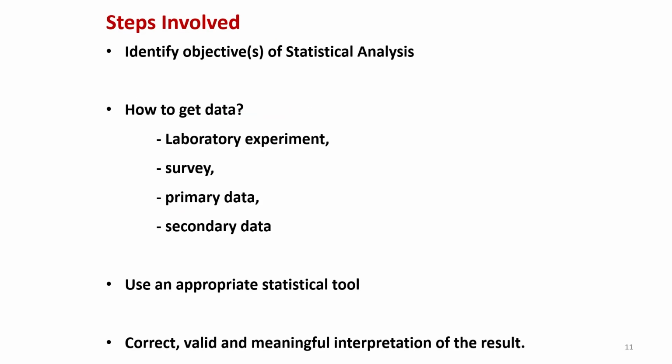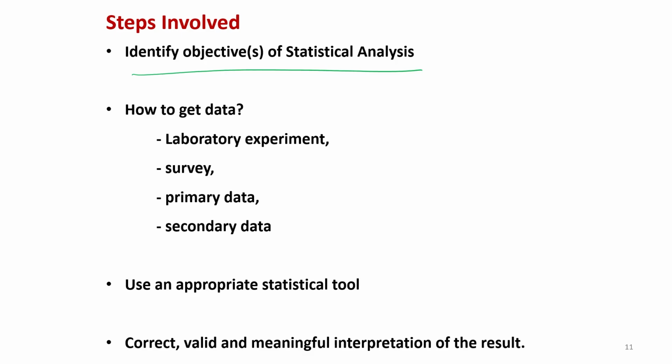Right. Now, if you want to conduct an EDA, then what are the steps? The first very important step is that you need to identify the objectives of the statistical analysis. Why are you trying to do this? It is as simple as this: if somebody is having a problem in the heart, then the doctor recommends an ECG.